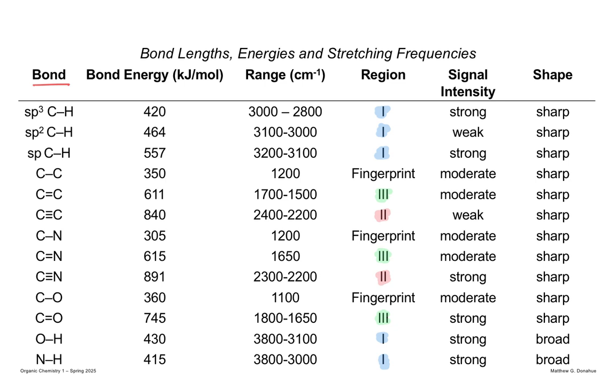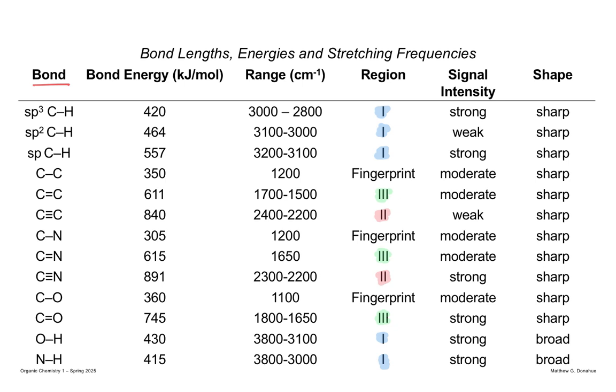Column 2 is bond energy. We'll talk more about bond energies in module 3. But for now, it just gives you an idea of how the light is exciting that specific type of bond. The third column is the range that you're looking for in the region.